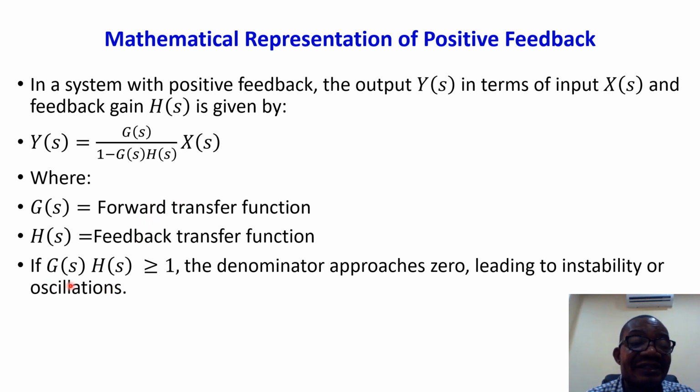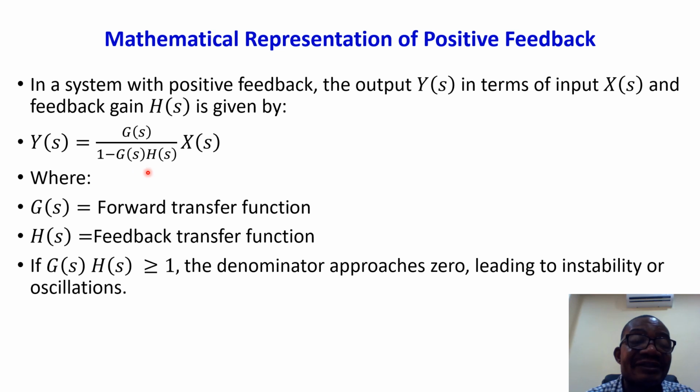So if G(s)H(s) is greater than or equal to 1, the denominator approaches 0, leading to instability or oscillations. So that is what happens in positive feedback. As much as possible, G(s) times H(s) should not be equal to 1 or greater than 1.